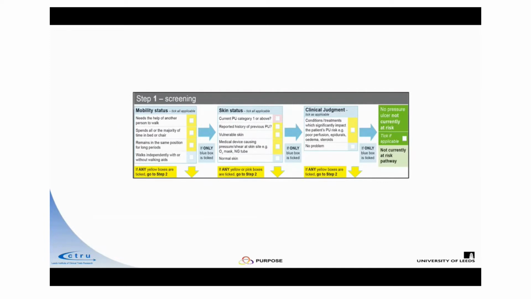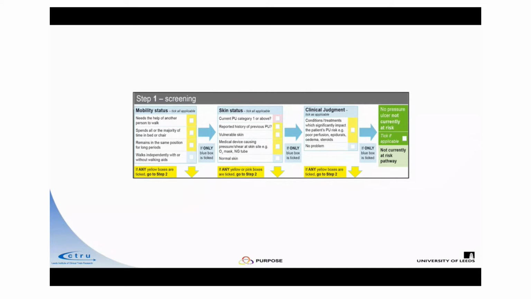You can see that it incorporates mobility status and skin status. I'm not going to go into the wording of them all, but for the mobility status, we're looking at whether this patient's got any mobility limitations, and we spent a long time thinking about the wording to make sure that we captured this.